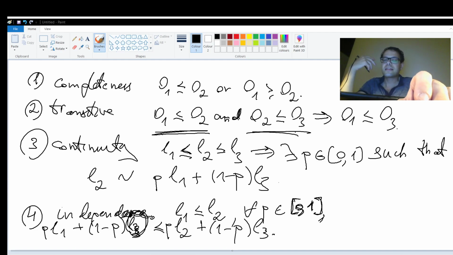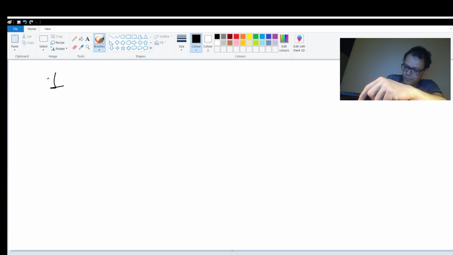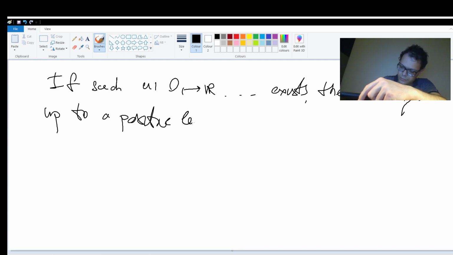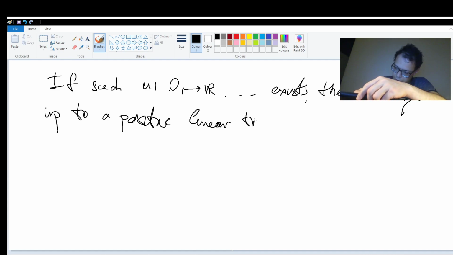And also there is an interesting thing: if such a function from a set of outcomes to real numbers, which does whatever we want, exists, then it is unique up to a positive linear transformation.